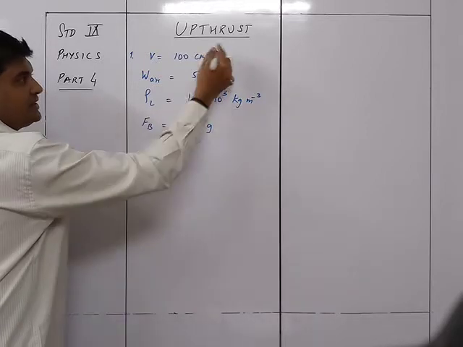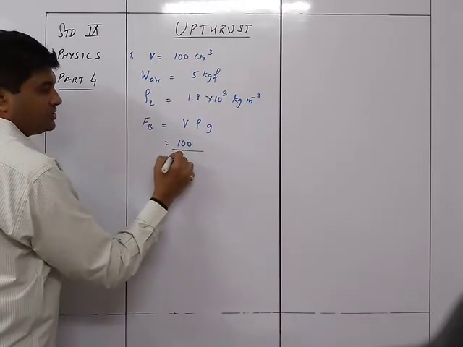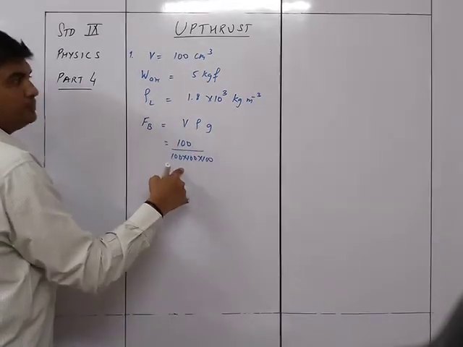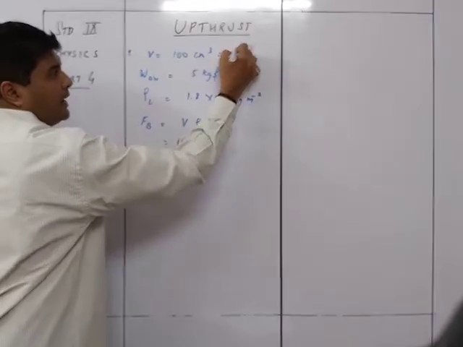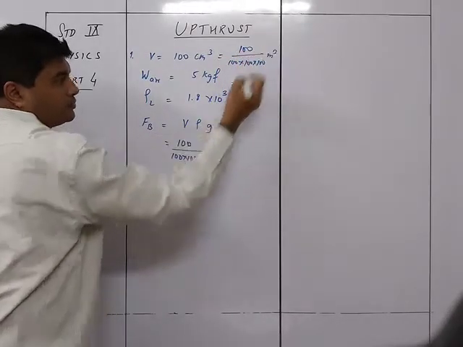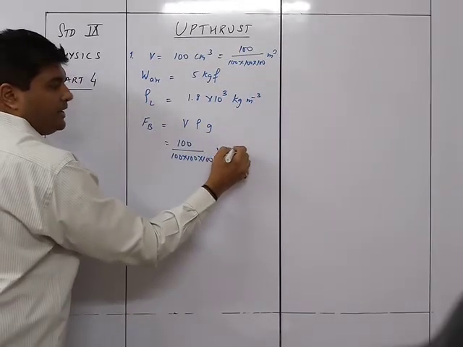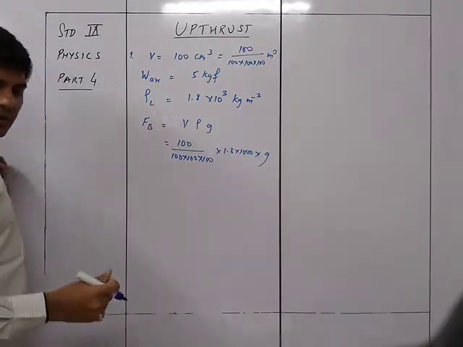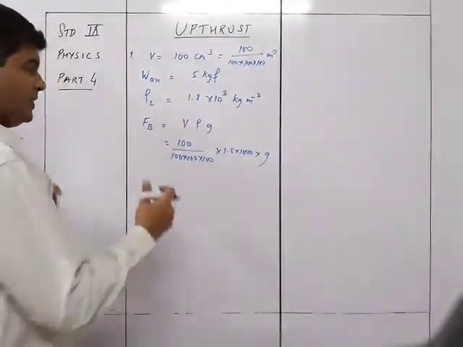So we know that this is centimeter cube, so this becomes 100 into 100 into 100. This becomes meter cube. So this is nothing but 100 upon 100 into 100 into 100 meter cube. Now the density we can keep as 1.8 into 1000 into G. We'll keep it as G only. We don't need to have it in Newton.